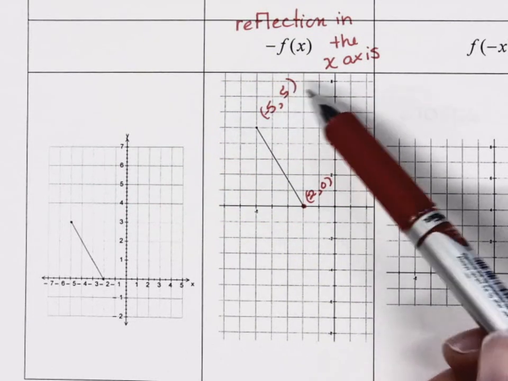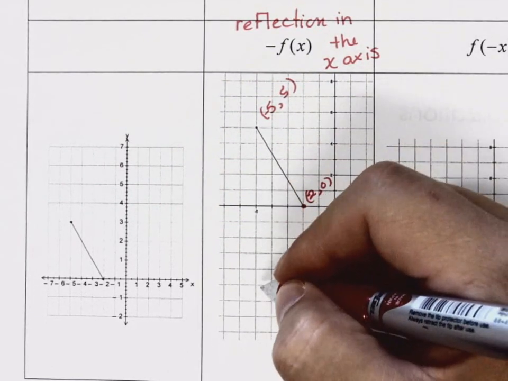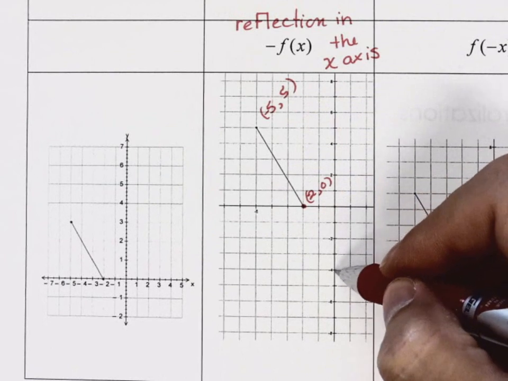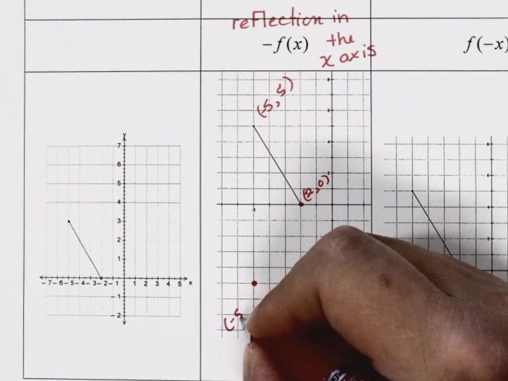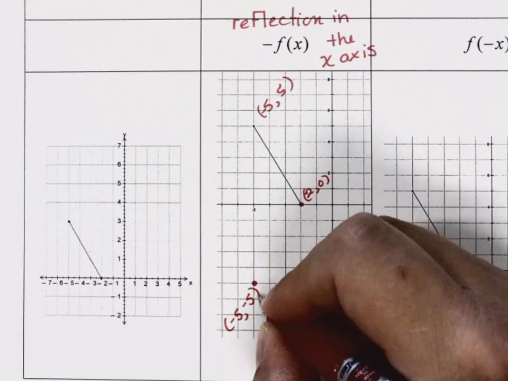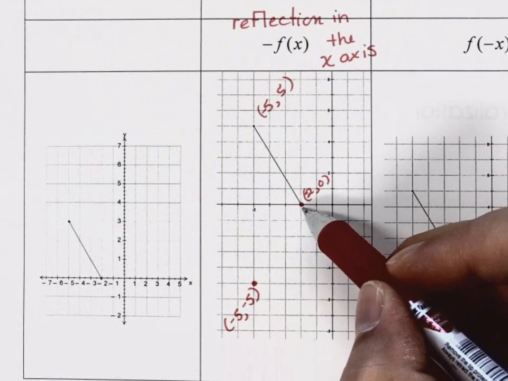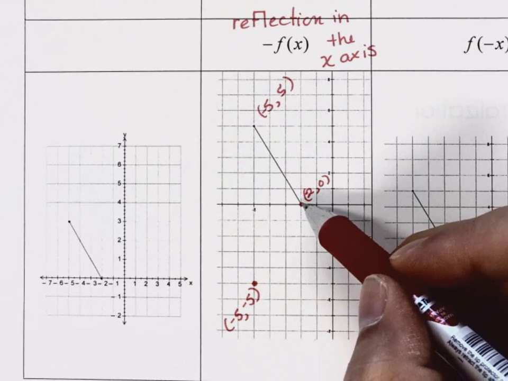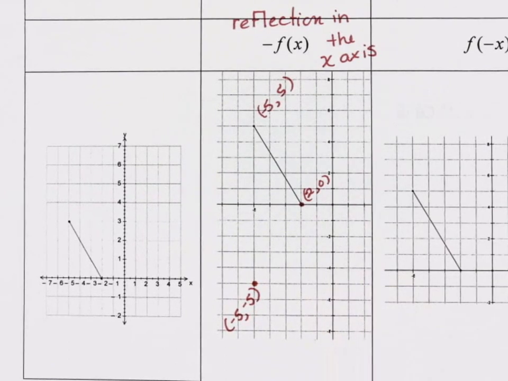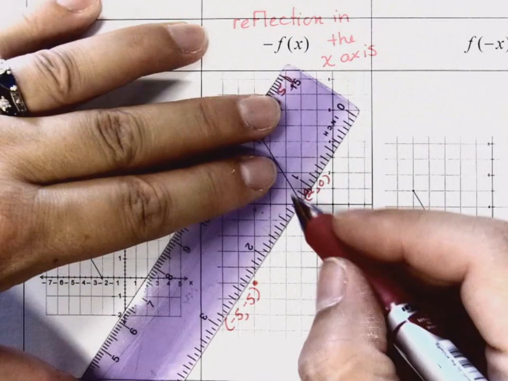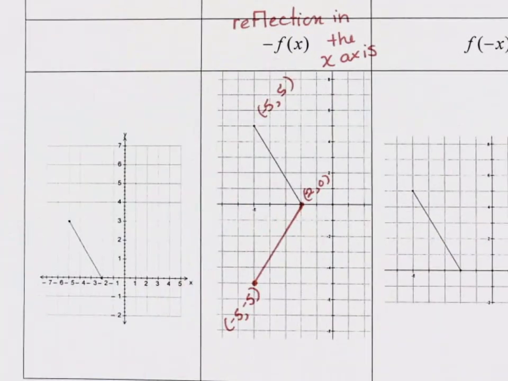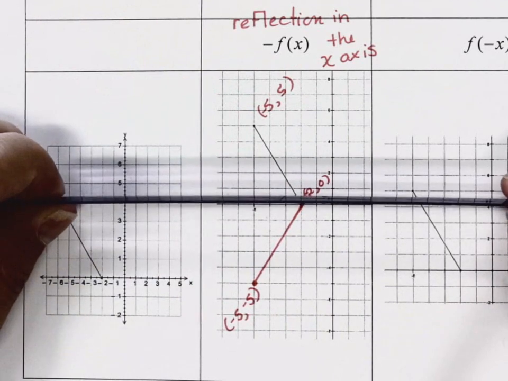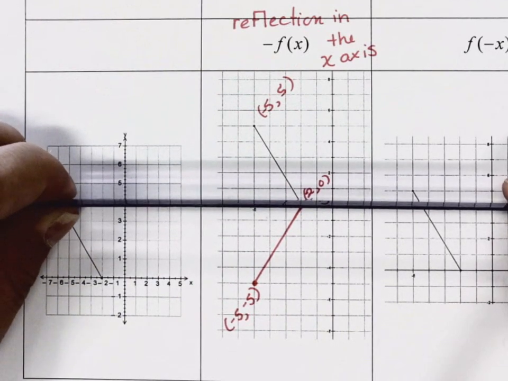So this one becomes -5 and -5. What happens to this one? Anything? It's an invariant point. So it's like you took a mirror and put it along the x-axis, and your original graph is just reflected in the x-axis.